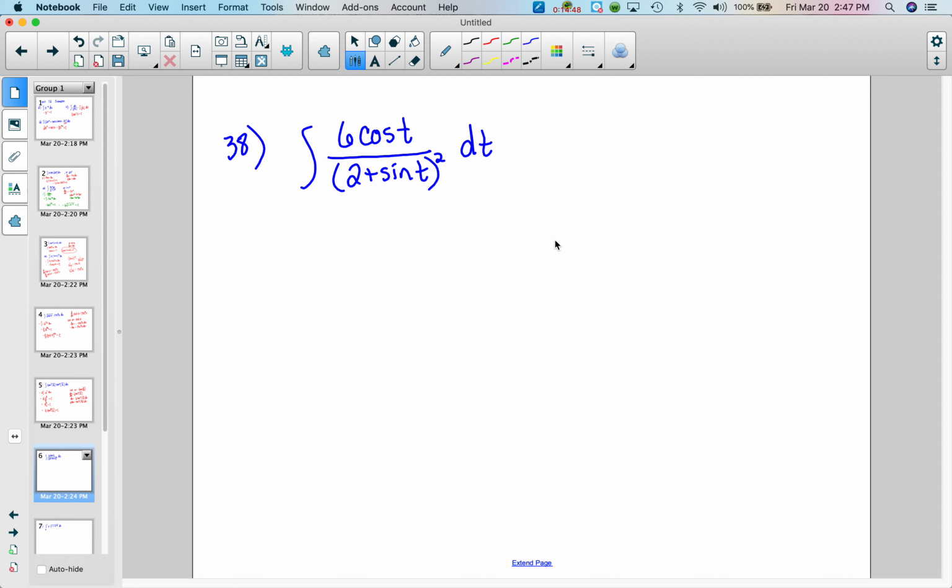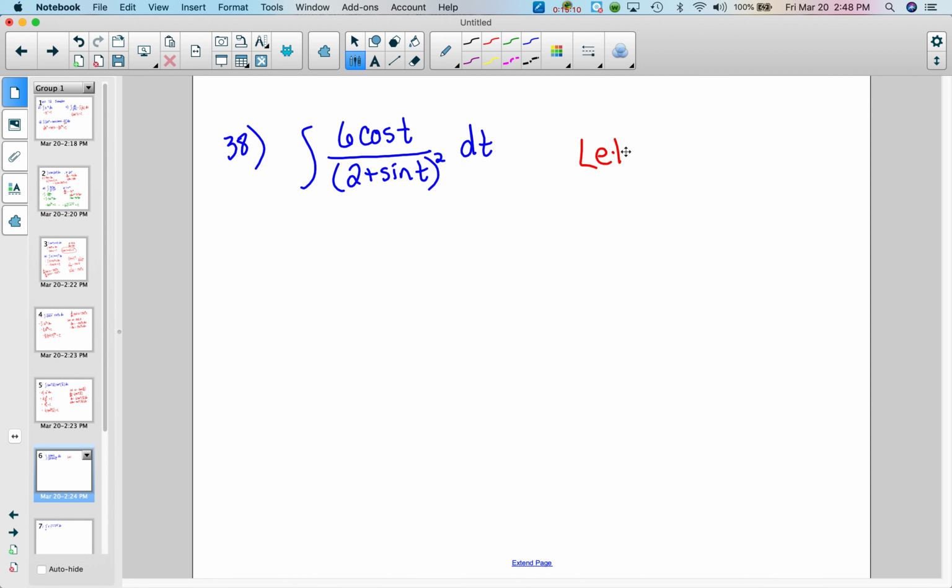But u can be in the denominator. So that's one hint that I would want to use this 2 plus sine t as u. Another hint is that this is kind of an inside function because it's inside being raised to the second power, and it's easier to deal with if we have that be u.